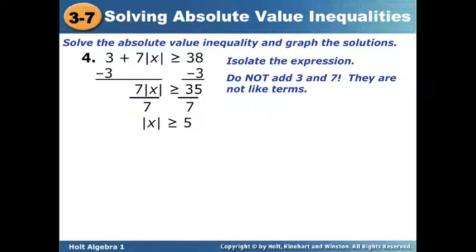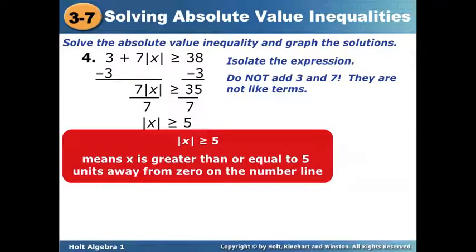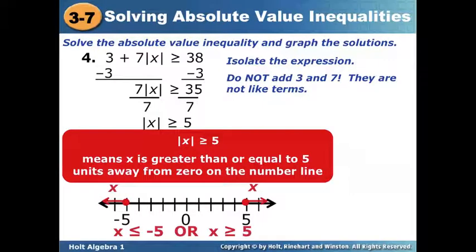Now that our absolute value bars are by themselves, we're ready to make our two inequalities to solve. Think about it. This means that x is greater than or equal to 5 units away from 0. So this would mean x has to be less than or equal to negative 5, or x is greater than or equal to positive 5.